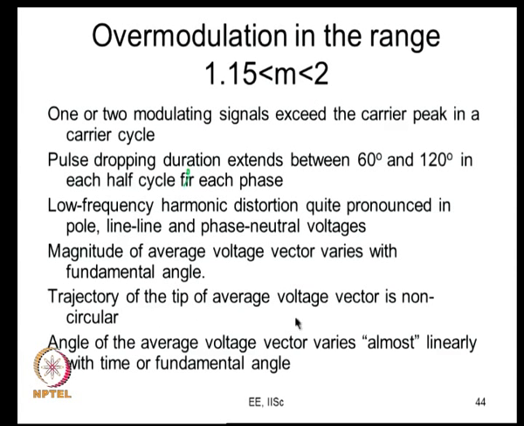Again, because this magnitude is varying, the trajectory of the tip of the average voltage vector is no longer circular. I mean, it is more non-circular than it was before, if I can use the term. Then the angle of the average voltage vector, however, continues to be almost linear with time. So, it is still more or less equal now.